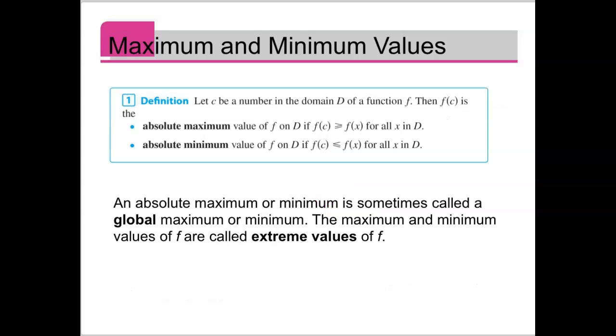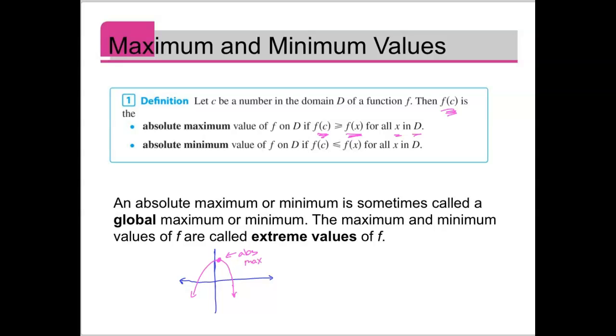All right, then we have these definitions of absolute maximums and absolute minimums. So an absolute maximum value of f on D, so f of c, I say, is an absolute maximum if it's greater than or equal to all other values of f of x for all x in D. Because we're often talking about continuous functions that don't have boundaries, there is an example of an absolute max.